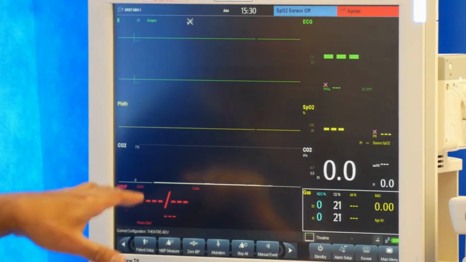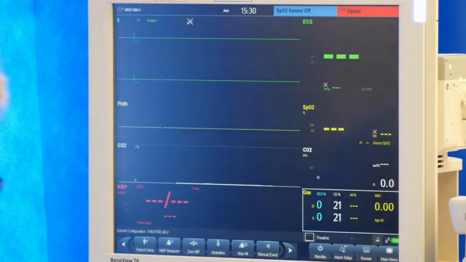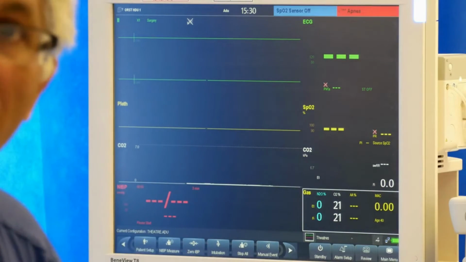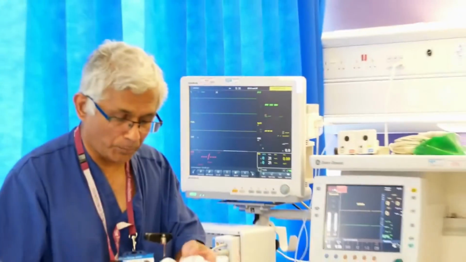When you see an issue with the ventilation, you have to start with a systematic approach.